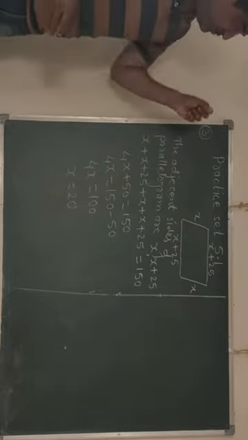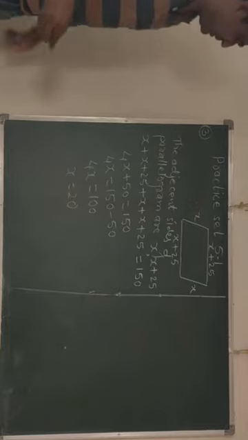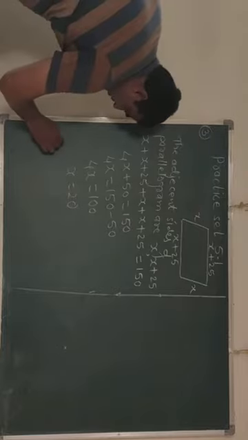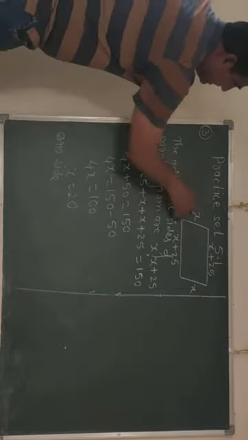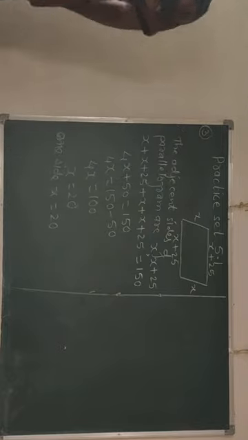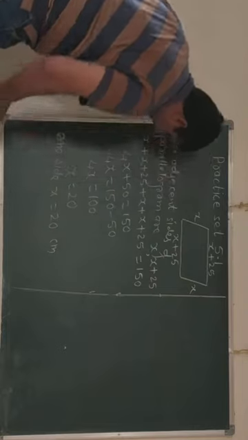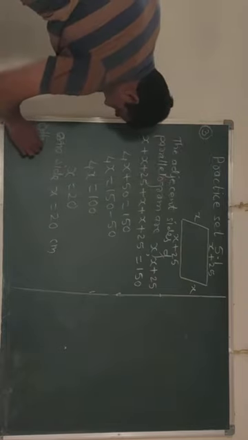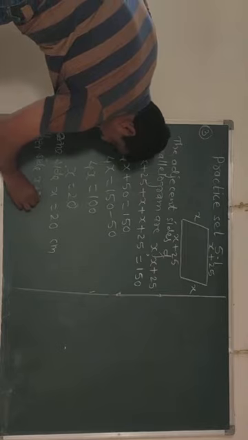So what is the question? Find the length of all sides. So one side, any one side, that is x, that is 20. Check the unit, yes, centimeter is given, so 20 centimeter. And the other side is given to you as x plus 25.